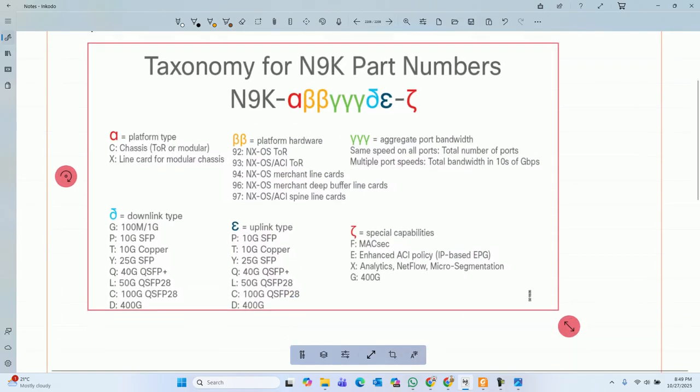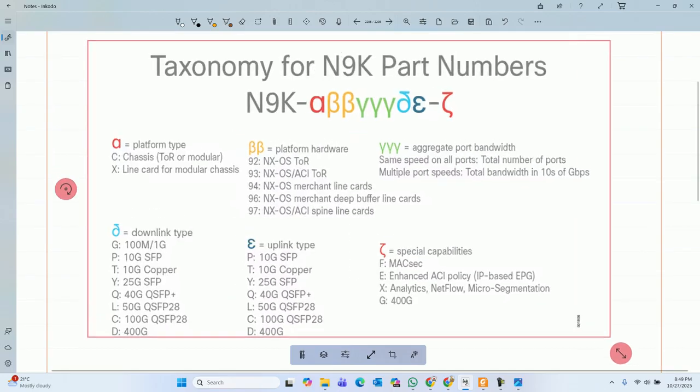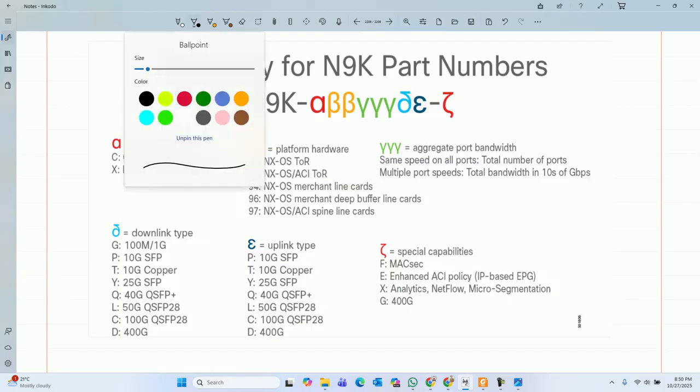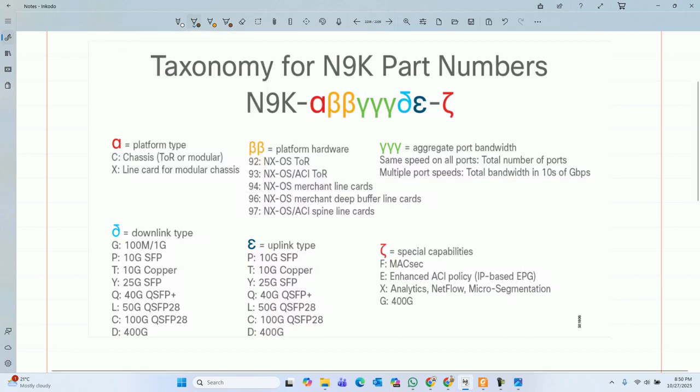So now, taxonomy for Nexus 9K part numbers. If you are new to the class, let's get a quick revision. Whenever we see the name of an access switch, it's not just a random name or a coincidence, right? It holds a meaning. So Nexus 9K means 9000 series.